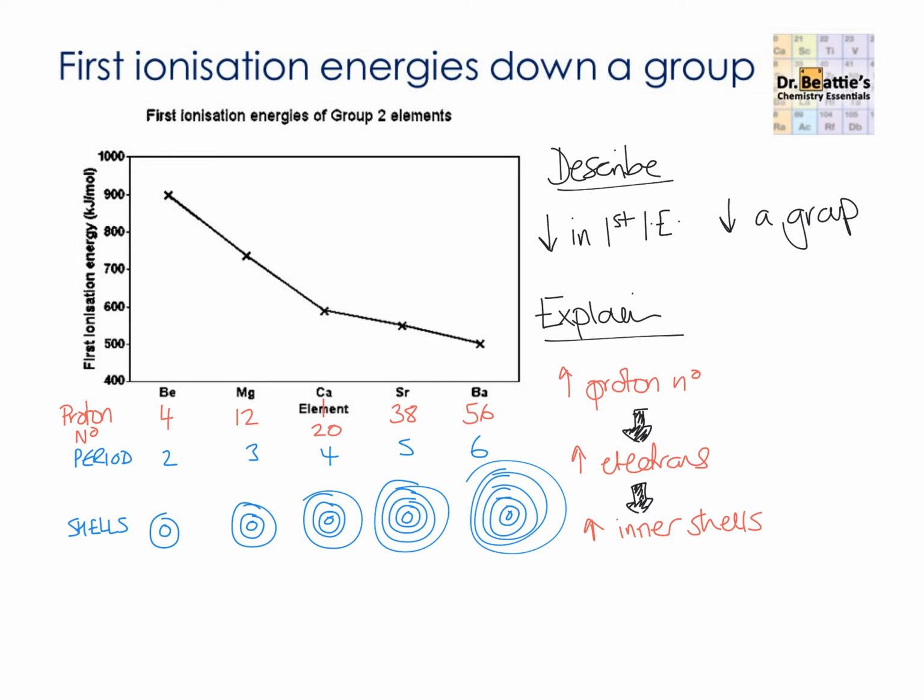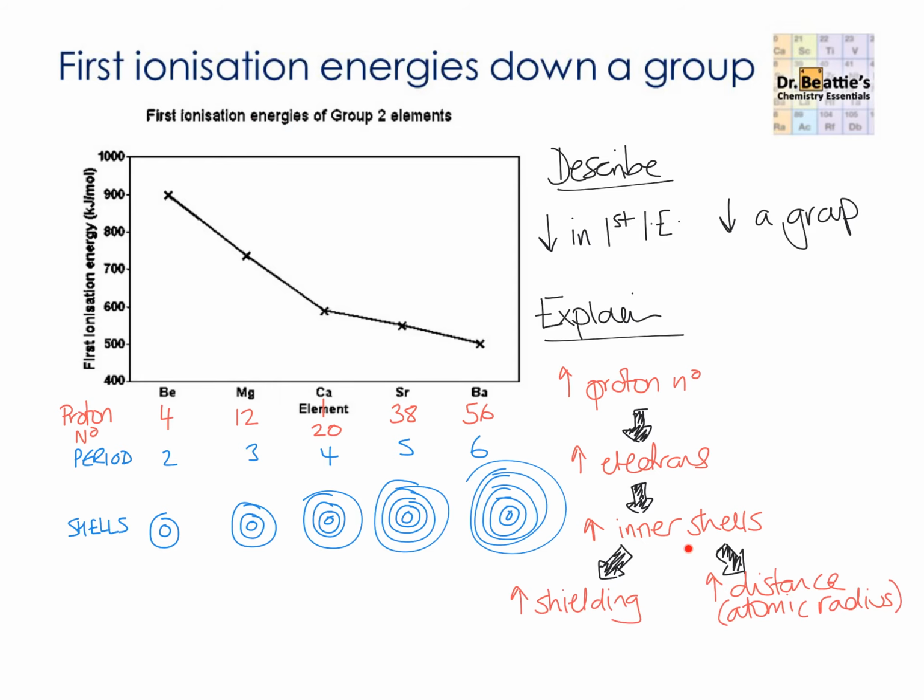Now these inner shells increase the amount of shielding, which we spoke about previously, and it also increases the distance between the nucleus and the outermost electron, which is the electron you are trying to remove in a first ionization energy.